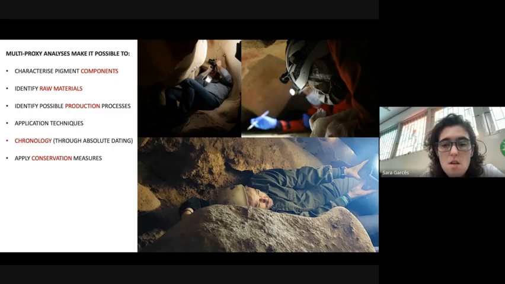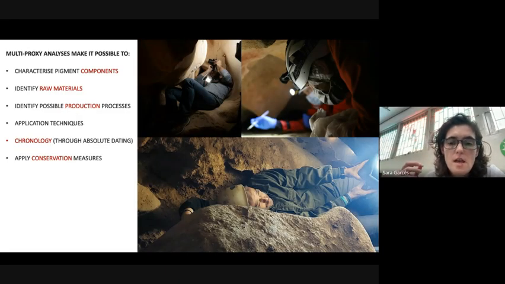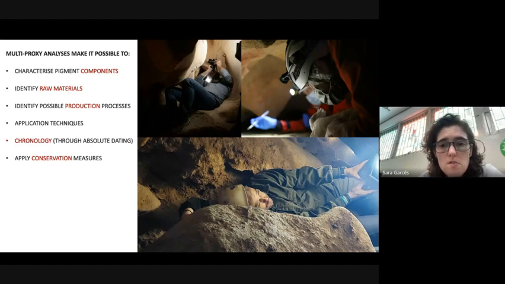And all this is part of what we call a multi-proxy analysis of many different types of sites. Don't forget that all these procedures have to be adapted to the site, have to be thought out before we go to the site, because sometimes open air sites and cave sites present us different challenges and different ways of approaching the site. Why is it important to use a multi-proxy strategy?